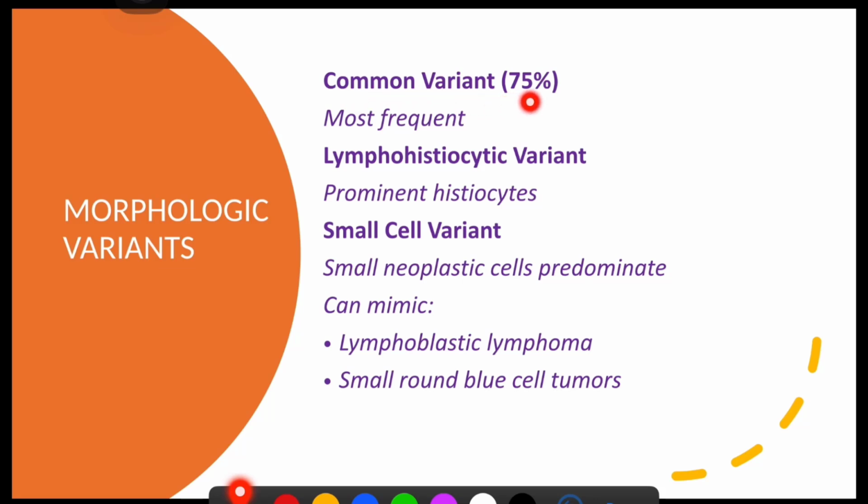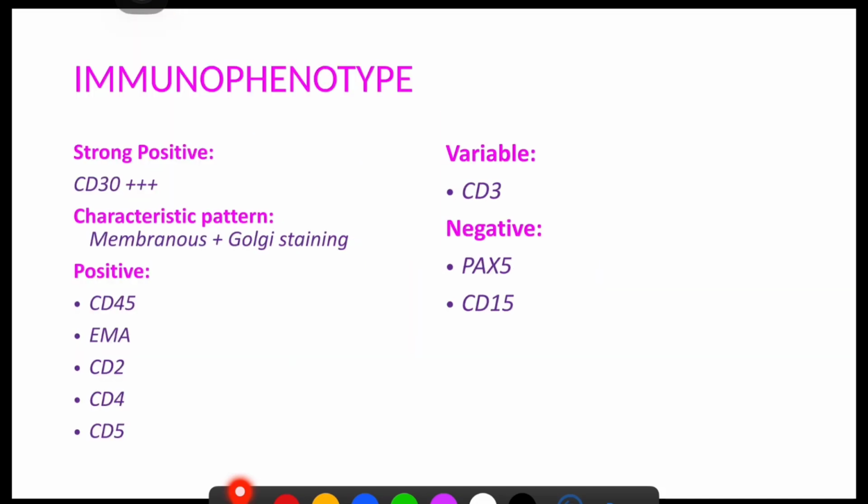So what are the morphologic variants of ALCL? One is the common variant, which is most frequent. Second is lymphohistiocytic, where predominant histiocytes are there, and small cell variant, where small neoplastic cells predominate and can mimic lymphoblastic lymphoma or small round blue cell tumor. So IHC is important. CD30 is strongly positive, and characteristic pattern is membranous plus Golgi staining.